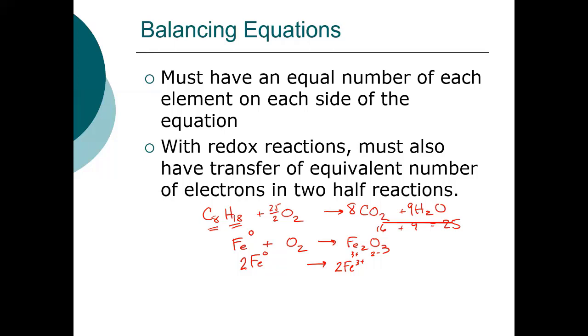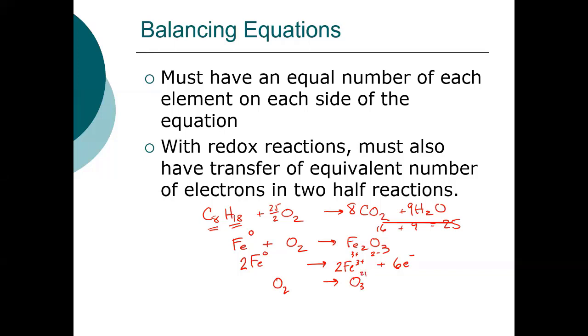And we're going from 0 here to 3 plus, but we have 2 iron. So we need 6 electrons. We need to balance the charge. We need to balance both charge, and we'll look at balancing electrons. With oxygen, we have O2 going to, we have 3 oxygen.